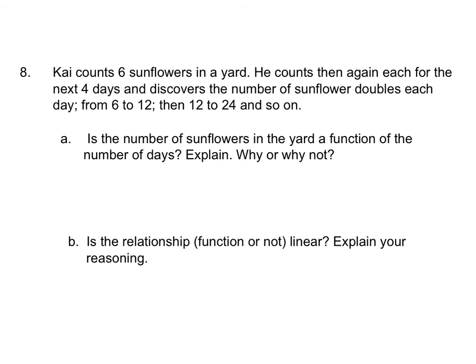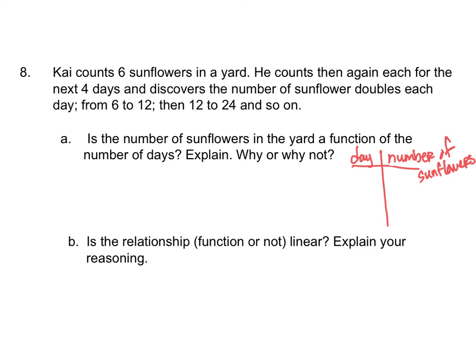So what I like to do is I like to go ahead and put everything into a table. I think it's a little bit easier. So we are going to put in our day, and then we're going to put in the number of sunflowers. Okay, so it says Kai counted 6 sunflowers in the yard.